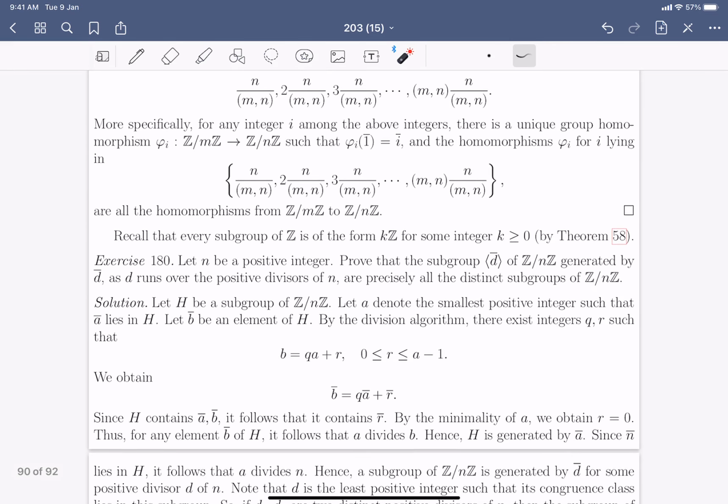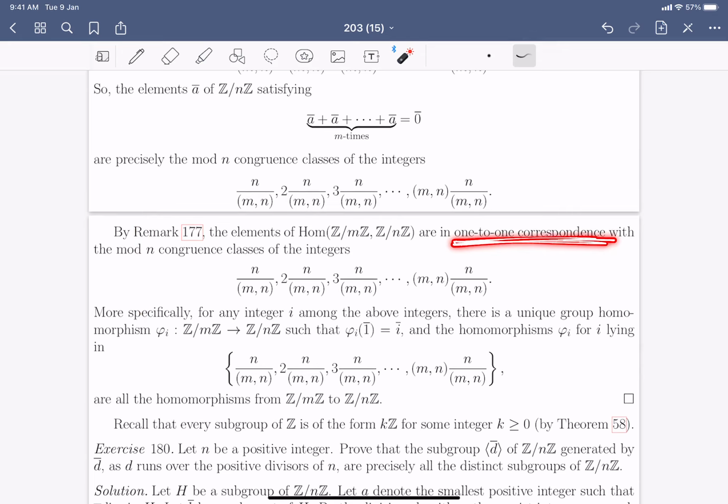Under this one-to-one correspondence, when you open it up using this remark, you see that for any integer i among this list of integers, we have a homomorphism phi_i from Z mod mZ to Z mod nZ that sends 1 bar to i bar.